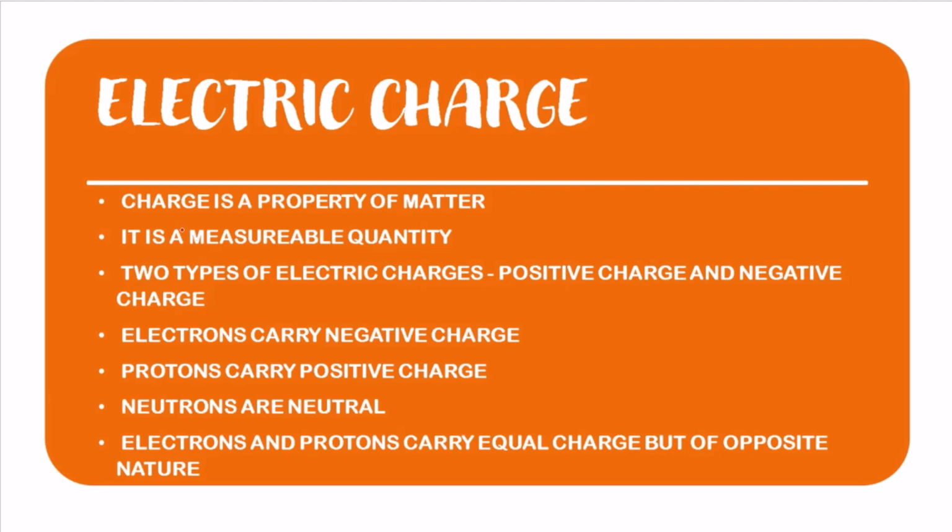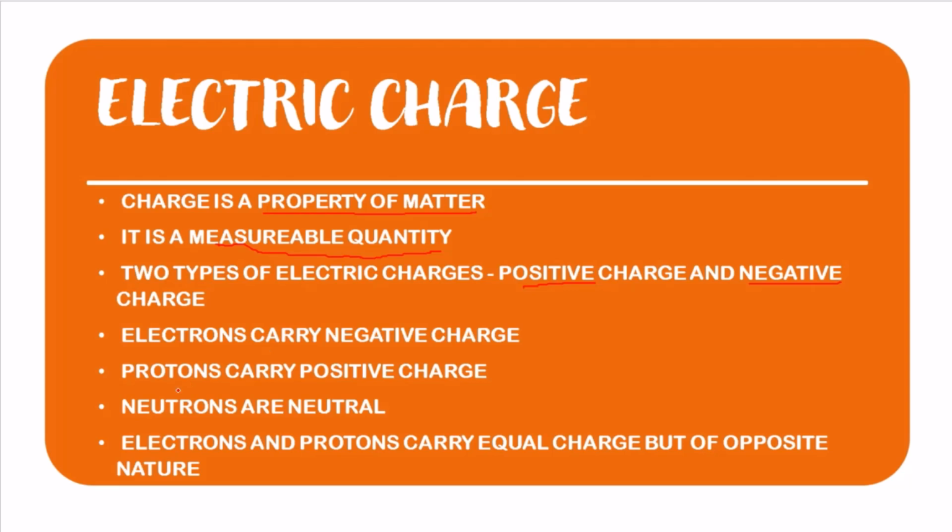Let us now understand fundamentals of electricity. Charge is a property of matter, just like mass, volume, density, etc. And it is a measurable quantity. It has been found by experiments that there are two types of electric charges, positive and negative. In order to move charge, we need charge carriers.